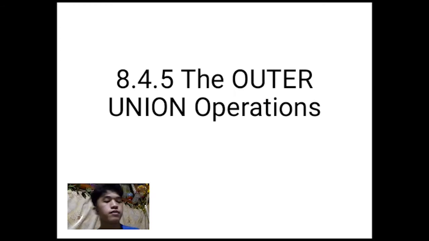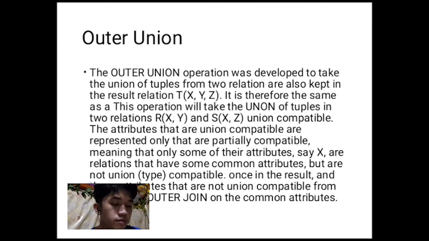Chapter 8.4.5, the outer union operation. The outer union operation was developed to take the union of tuples from two relations and also get the result relation. It is therefore the same as this operation will take the union of tuples of relation R as X and Y and S as X and Z, union compatible.